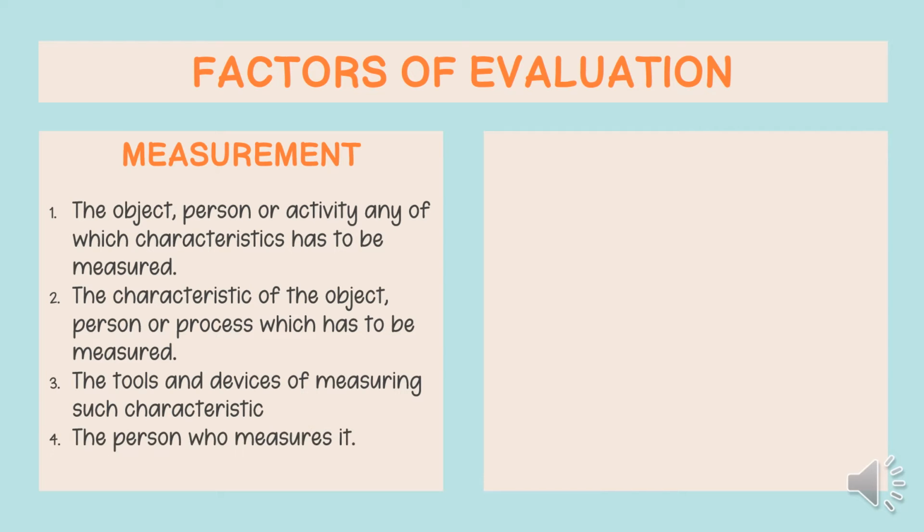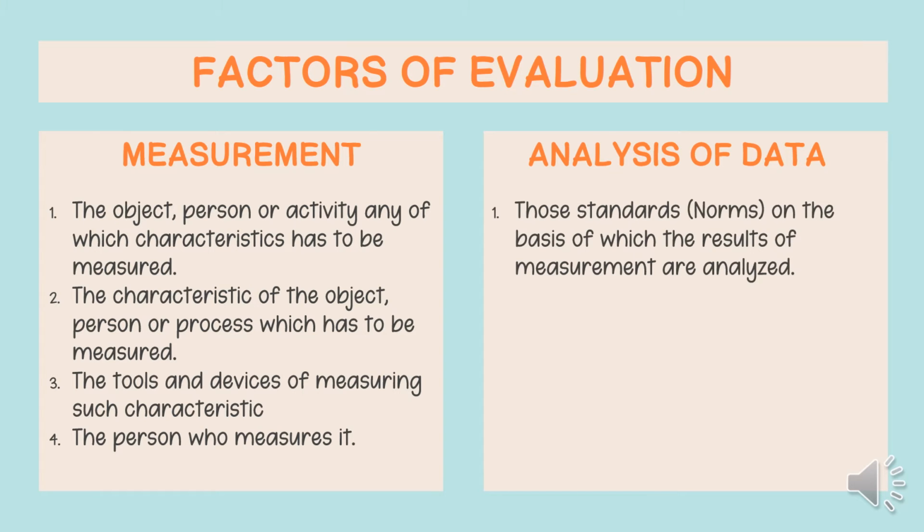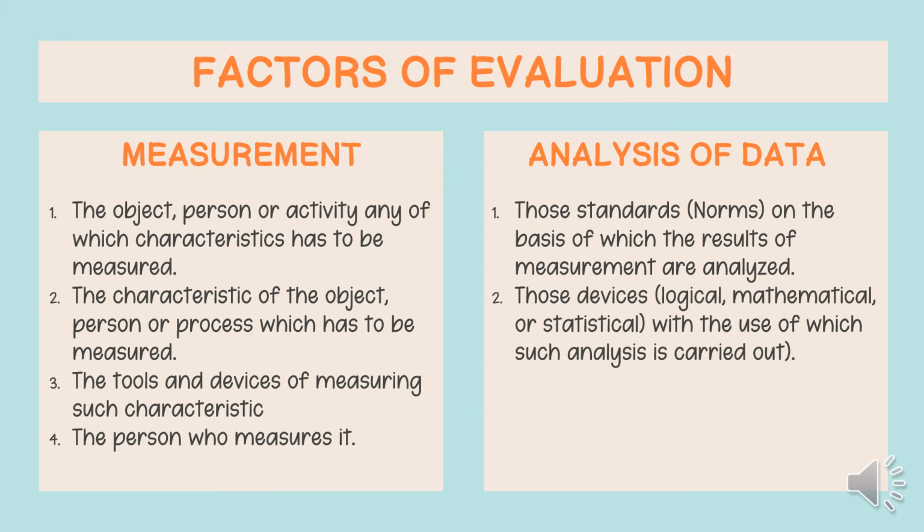And lastly, the person who measures it. In analyzing the data, there are two factors that could affect it: those standards on the basis of which the results of measurements are analyzed, and also those devices such as logical, mathematical, or statistical, with the use of which such analysis is carried out.